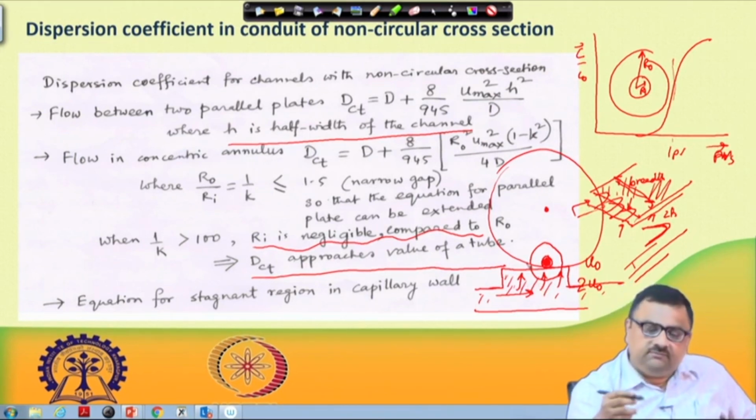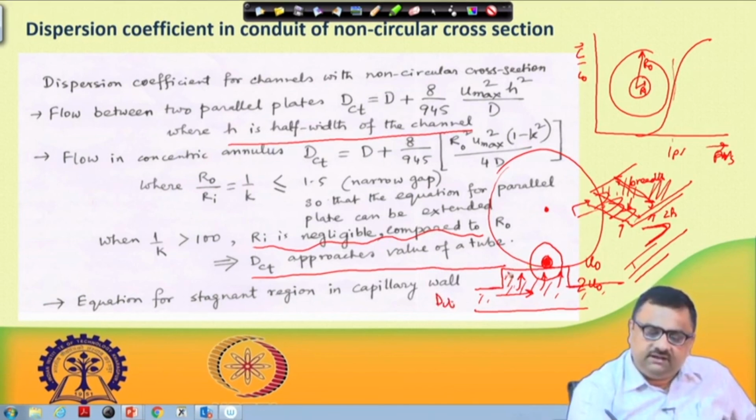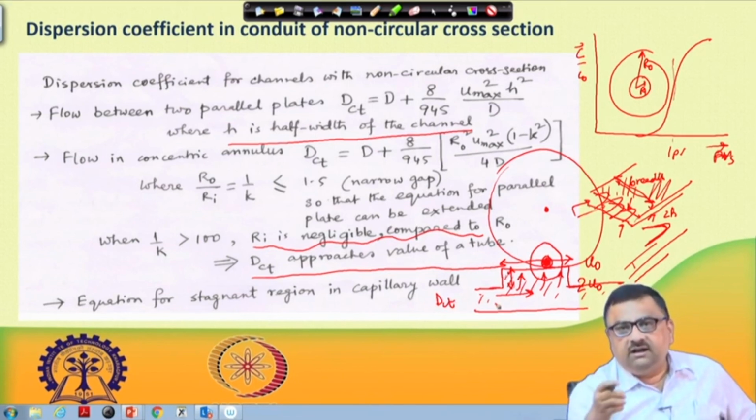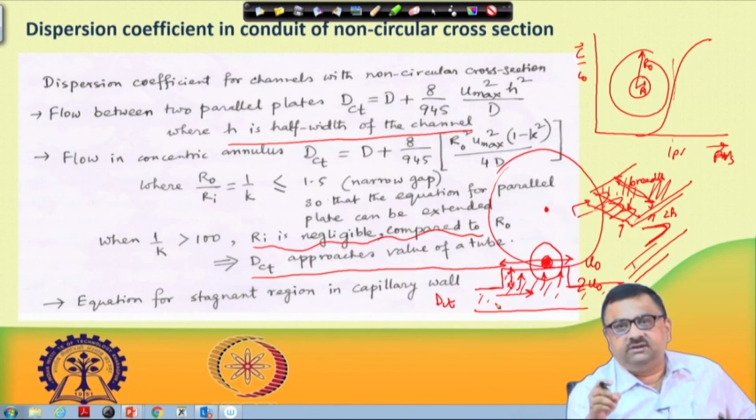So, what scientists have done is they have found the expression for DCT given these dimensions. Let us say what is this dimension, what is this dimension. If these dimensions are given, what would be the corresponding DCT? They have taken the trouble to find the analytical form of this expression.